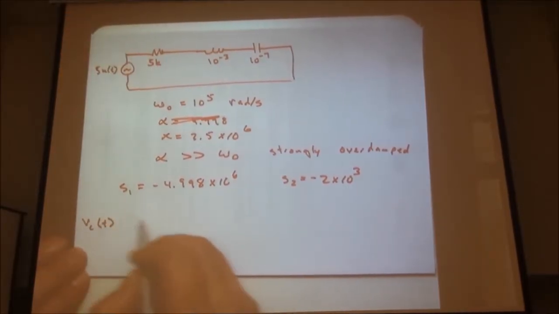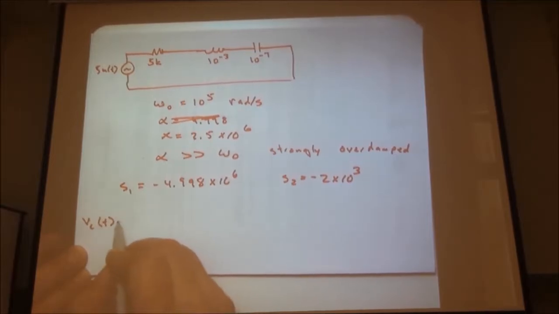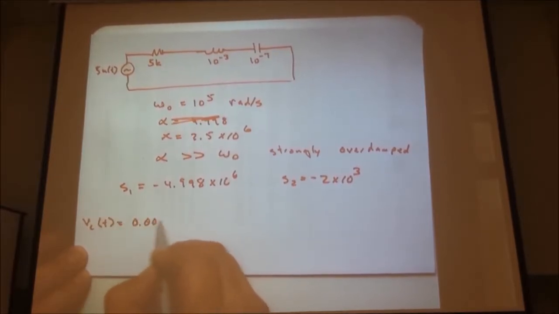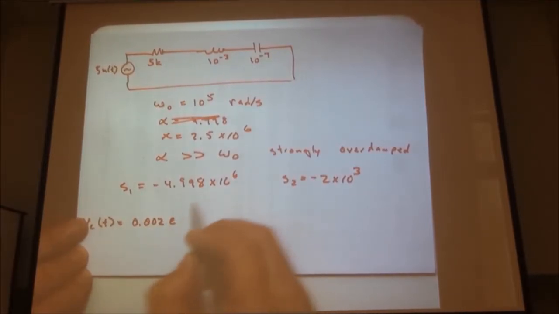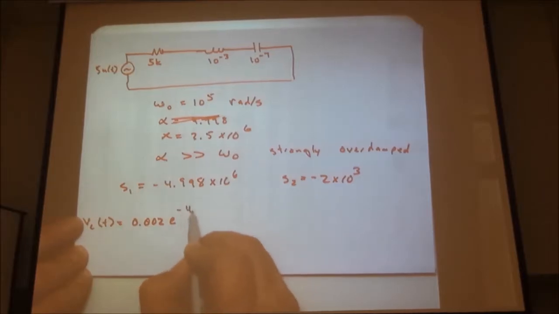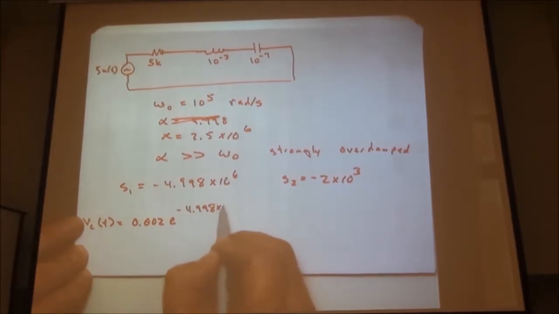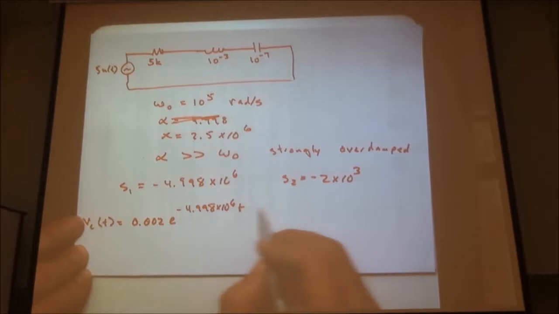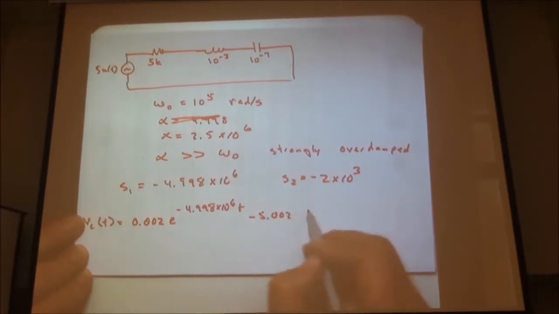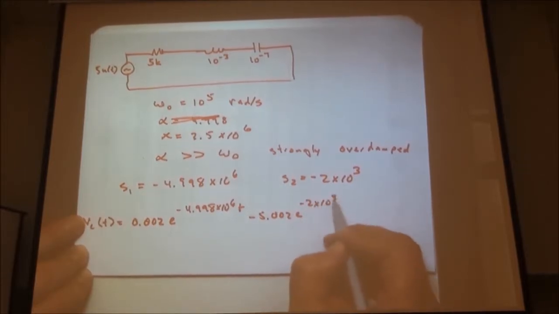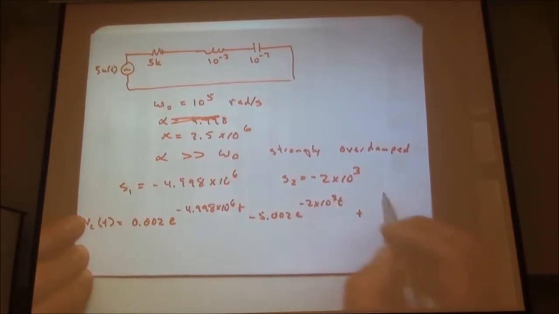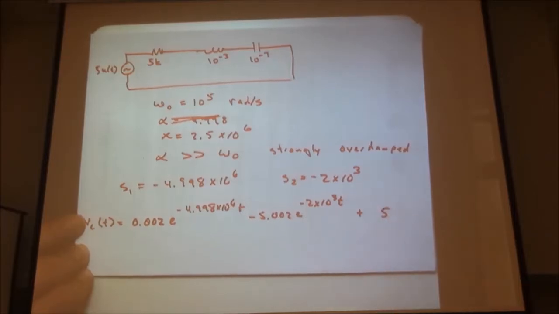we get something that looks like VC of t equals 0.02 e to the minus 4.998 times 10 to the 6 t, minus 5.002 e to the minus 2 times 10 to the 3 t, plus 1.